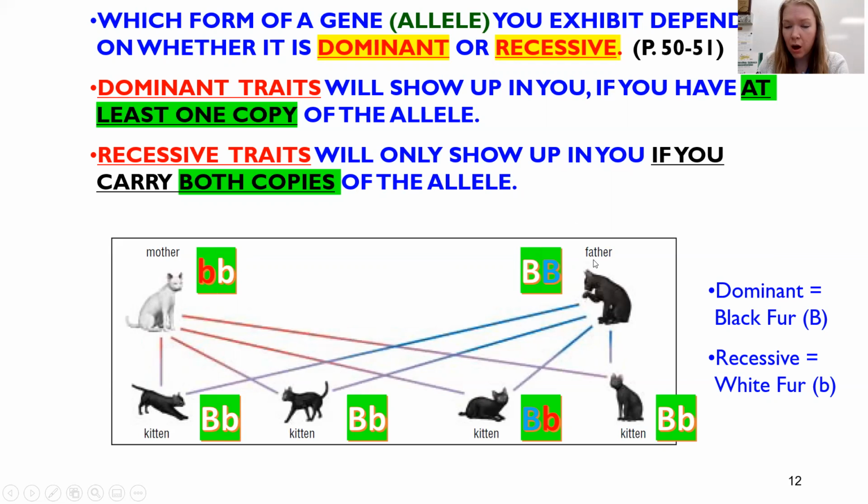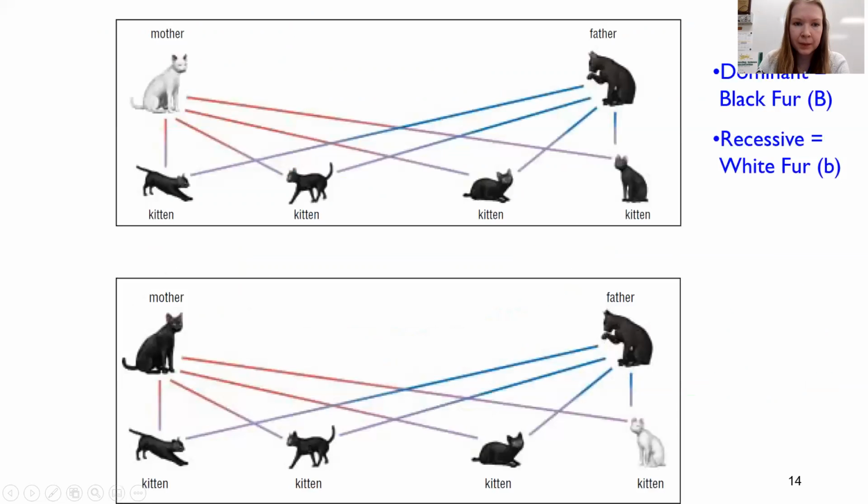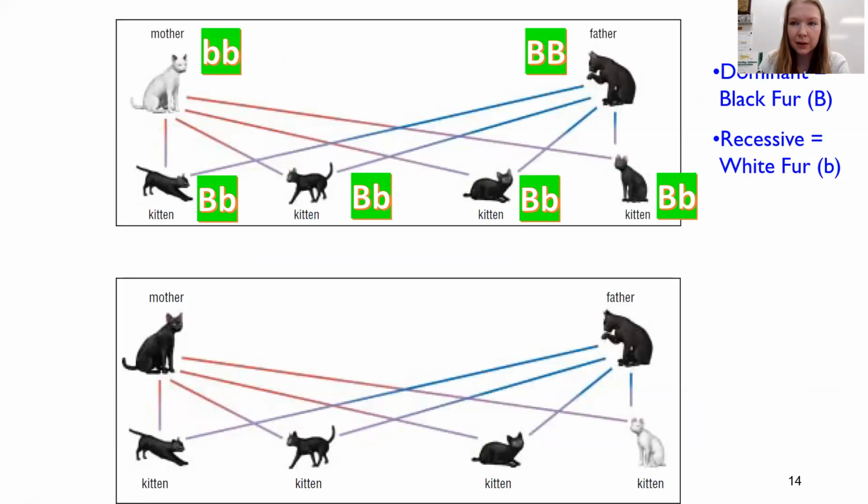The third option, the father here donates his second dominant allele, the mother donates her first, the kitten is heterozygous, has the dominant and recessive traits. And lastly, the same thing here, the father donates his second dominant allele, the mother donates her second recessive allele, and that kitten is heterozygous. Big B, little b.